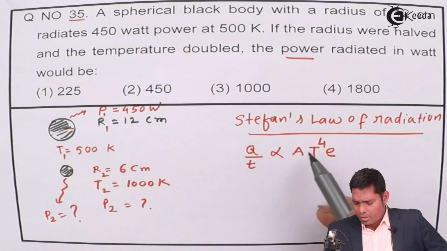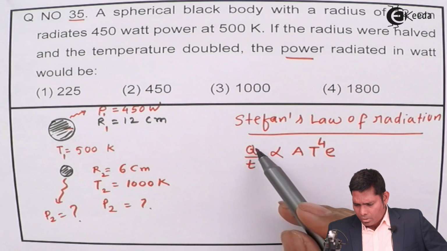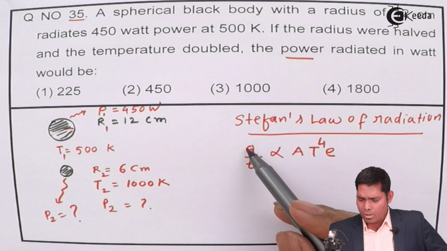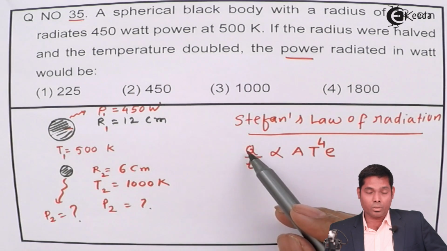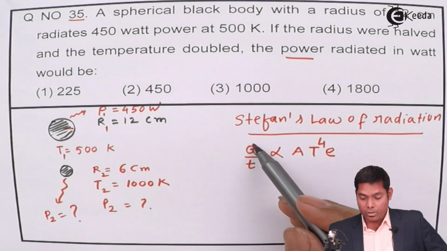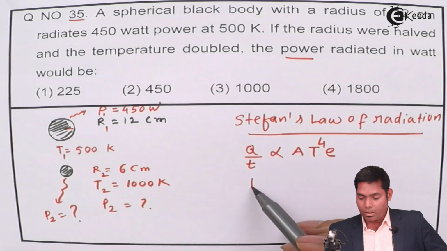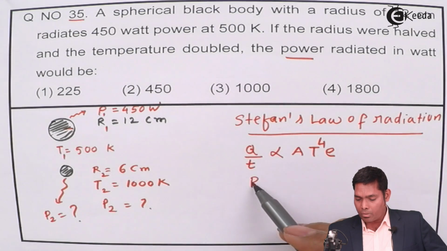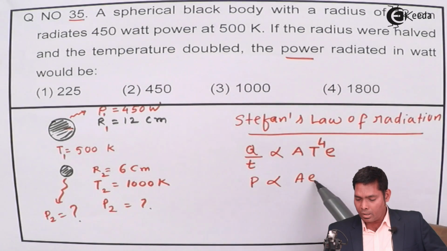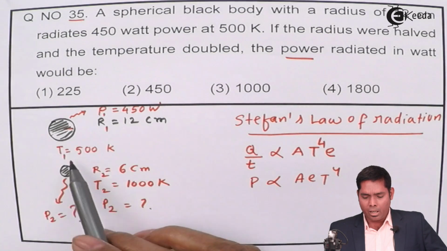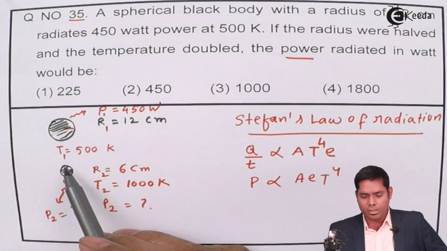So from here, this is the heat energy radiated per second. If I think of the unit, then this is joule per second and this is power. This is actually the power. So power is proportional to AET⁴, because this is the same black body and the only change is in terms of the radius.